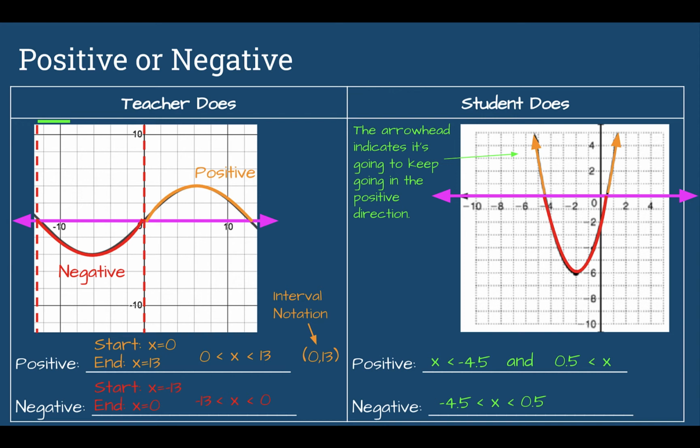Since we don't know where it ends, we only put x to one side. We don't know what the other boundary is. So if we don't know where it ends and they don't tell us otherwise, we can just assume that it's going to keep going and it will go forever in that direction.